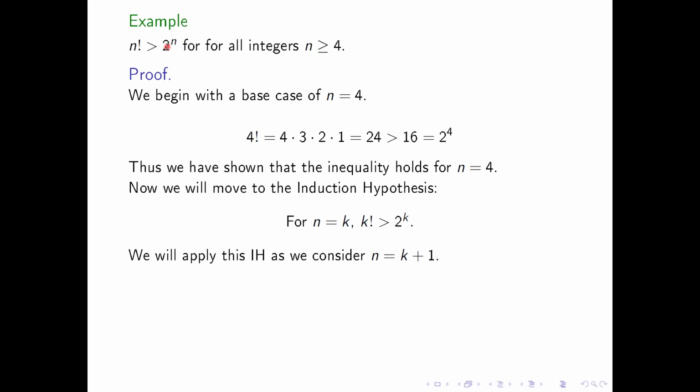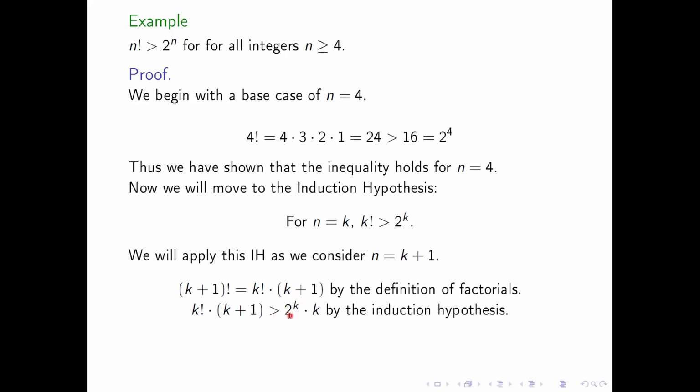Okay. So in this case, I would say k plus 1 factorial is equal to k factorial times k plus 1. That's using the definition of factorials. But k factorial times k plus 1 is bigger than 2 to the k times k.